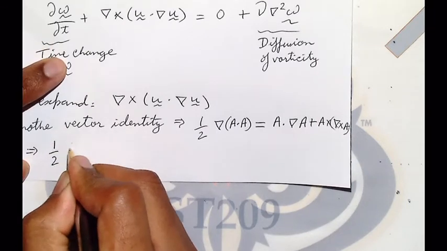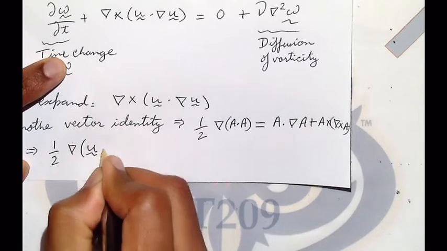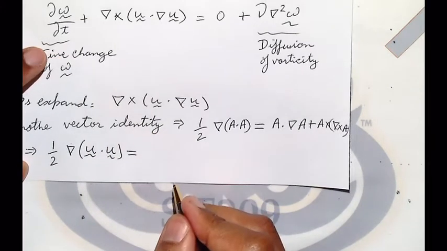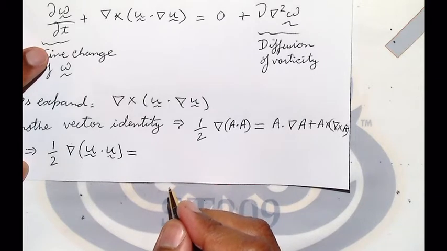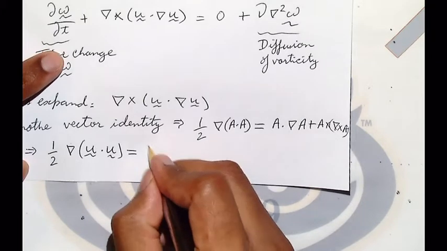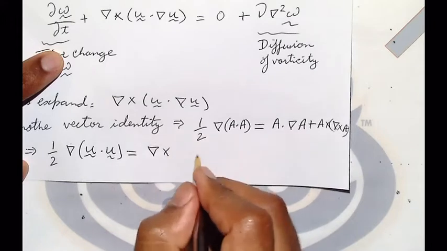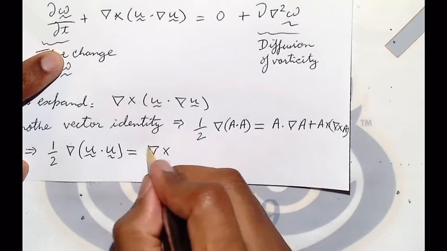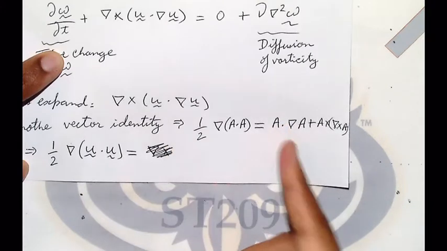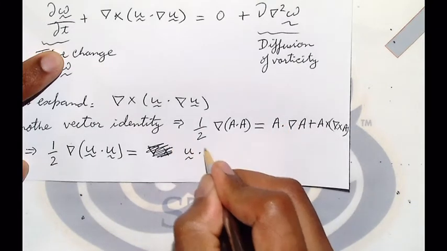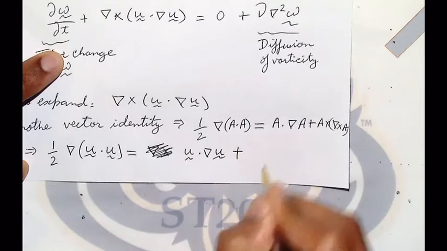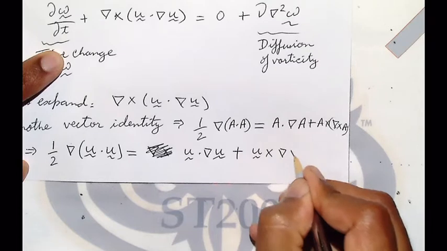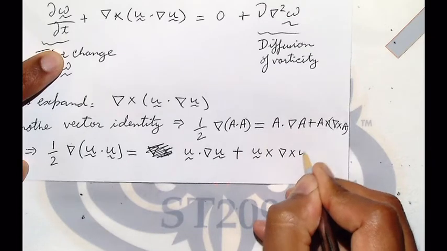So we have half of nabla of u dot u is equal to u dot nabla u plus u cross nabla cross u.